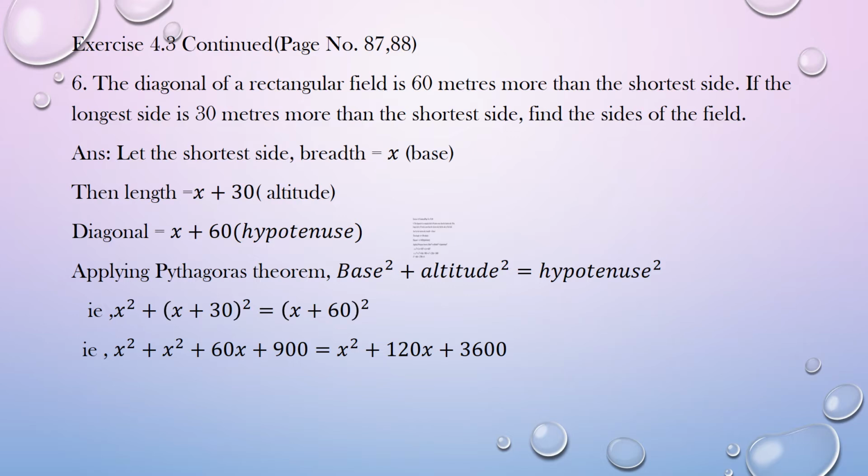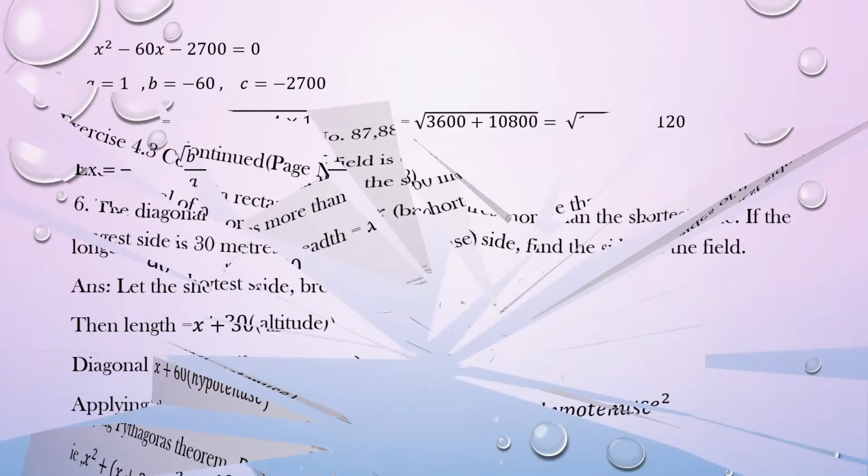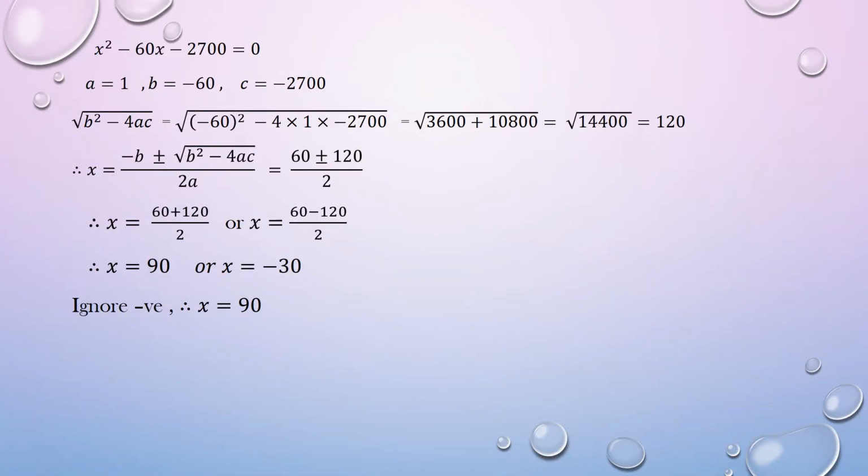Transposing and making it into the standard quadratic equation form, we have x square minus 60x minus 2700 is equal to 0. In this equation, a is equal to 1, b is equal to negative 60 and c is equal to negative 2700.